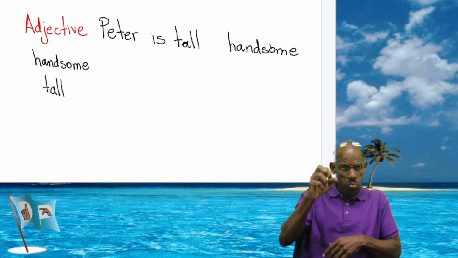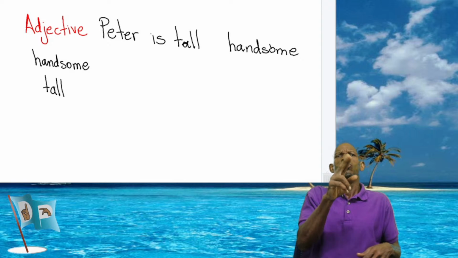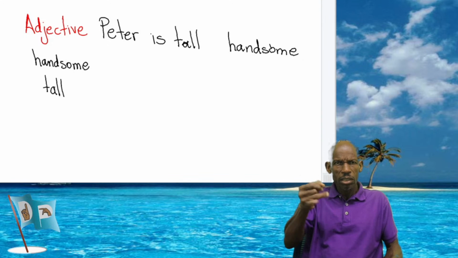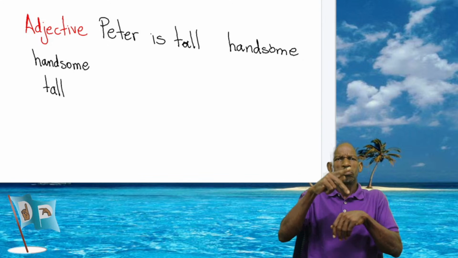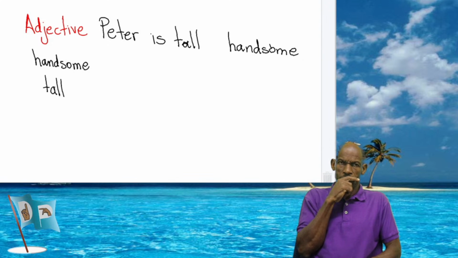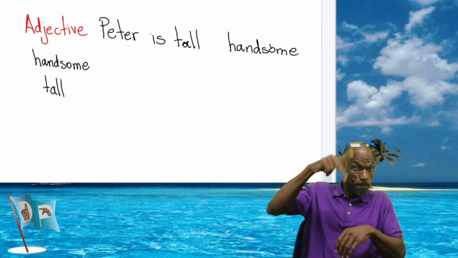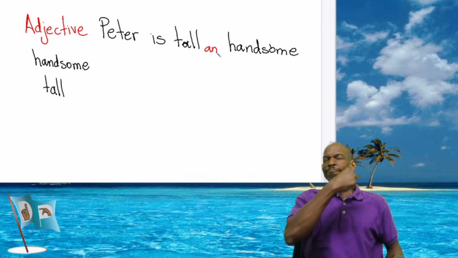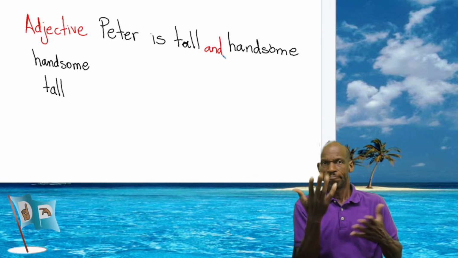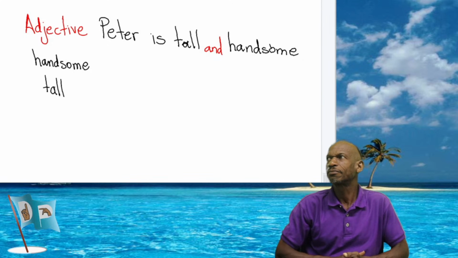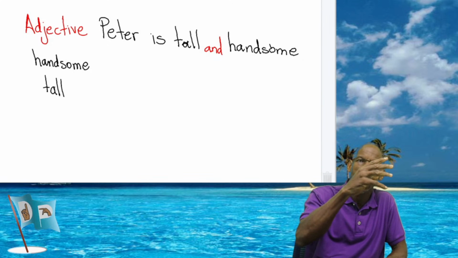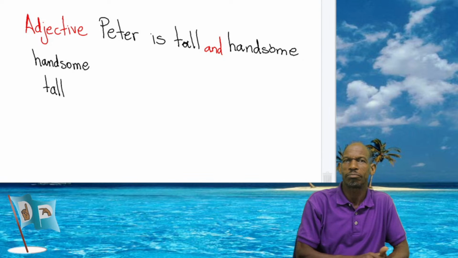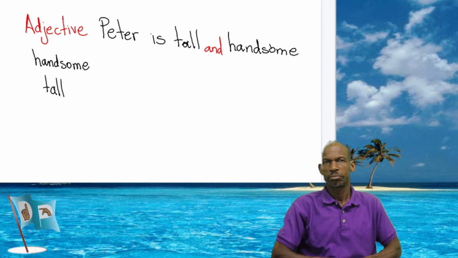I use two adjectives to describe Peter or to talk about him. And to join them, I say Peter is tall and handsome. I want to put my full stop at the end of my sentence, but it's not allowing me. So Peter is tall and handsome.